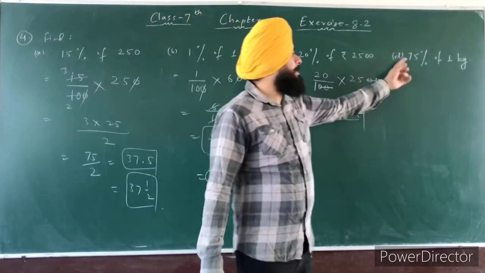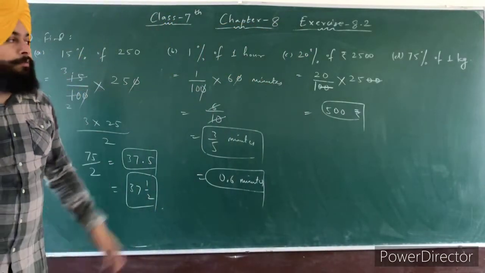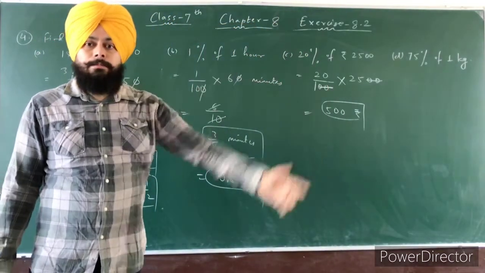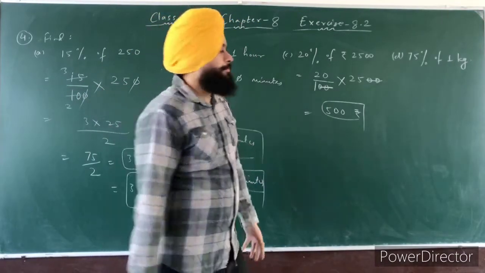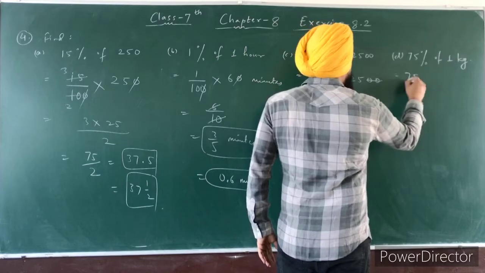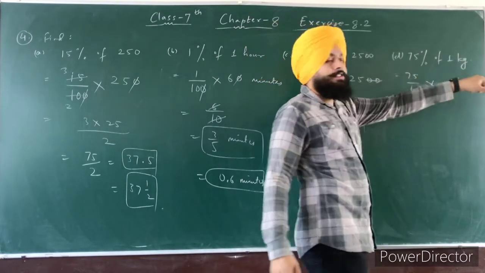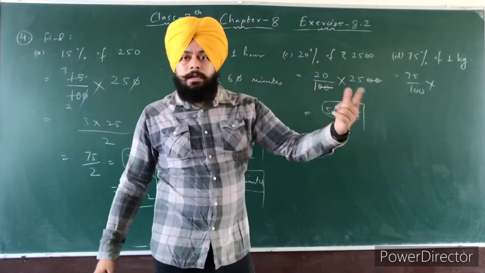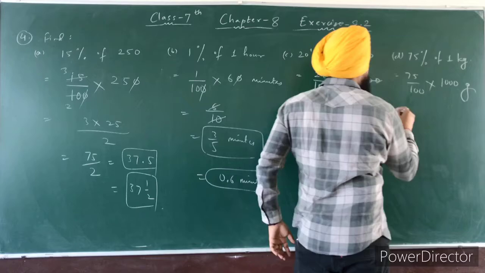Next, last D part is 75% of 1 kg. Kg is what? Kilogram. So first you have to convert this kilogram into gram. Gram is the standard unit of weight. So 75% is written as 75 over 100 and 1 kg is equal to how many grams? 1000 grams. So you will write here 1000. Clear?